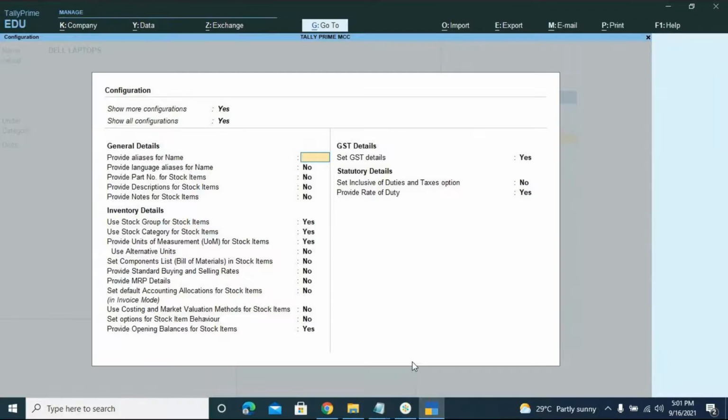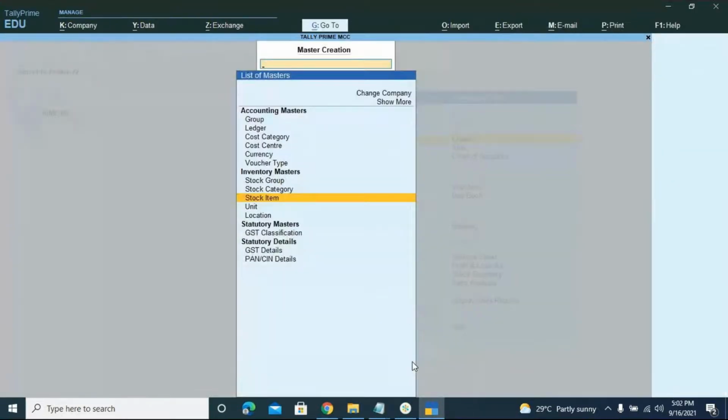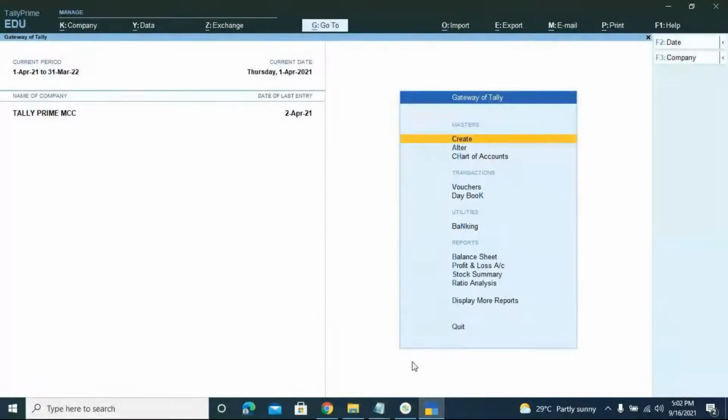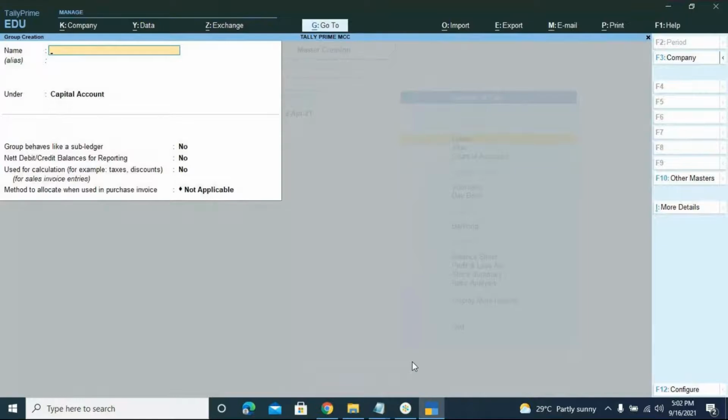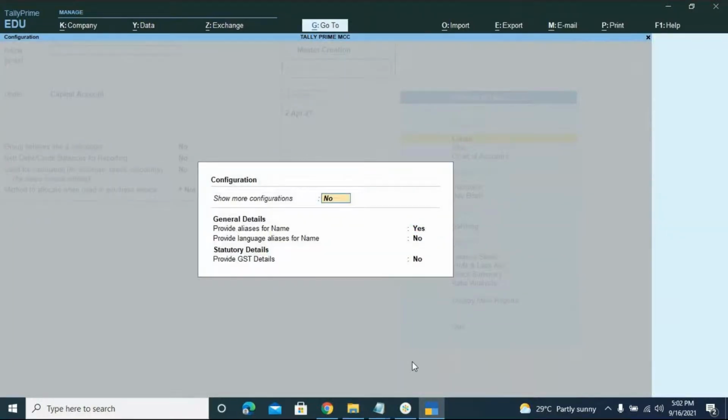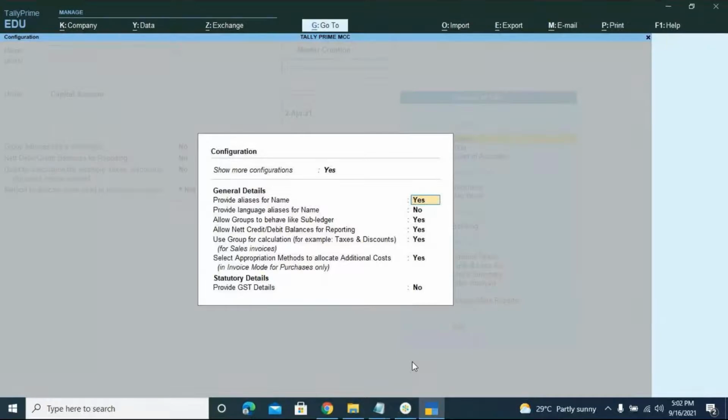And most important, what is the beauty of this F12 configuration? F12 configuration is not limited only to vouchers or any masters. It is applicable for everything in the Tally software. Now, if I go to the create option, I select group, I get a configuration there, F12. Yes, so show all configurations. Concerning the group creation, if I want to activate or deactivate some features, I can do so with this configuration.